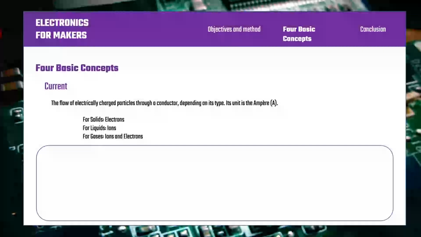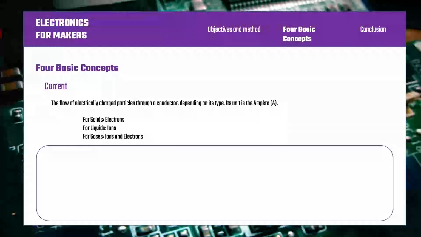On a physical level, it's basically charged particles, whatever kind of particles we have, flowing through a conductor in an orderly fashion. This is the key word, an orderly fashion.